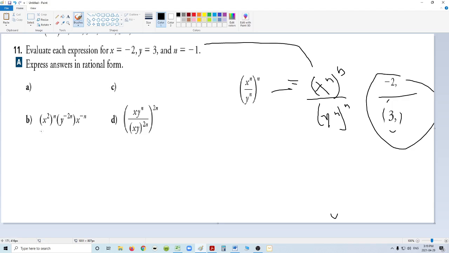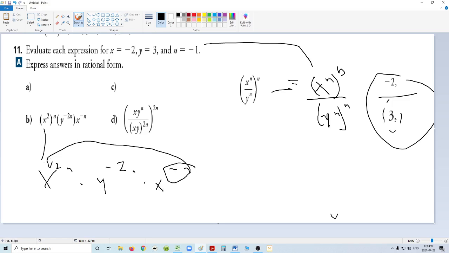And again, this one becomes x to the 2n times y to the -2n times x to the -n. So we can add these two because they have the same base. 2n plus minus n becomes x to the n times y to the -2n. You cannot add them now because they are not the same base.